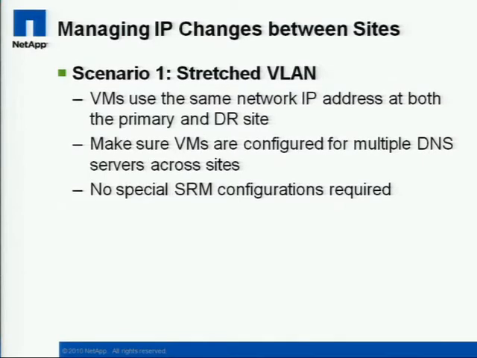The only thing that you have to consider is that VMs are configured for multiple DNS servers across both the sites. Because if your primary site is down, the DNS servers on the primary site are going to be down as well. So after the failover, the VMs should be able to connect to some DNS AD servers.